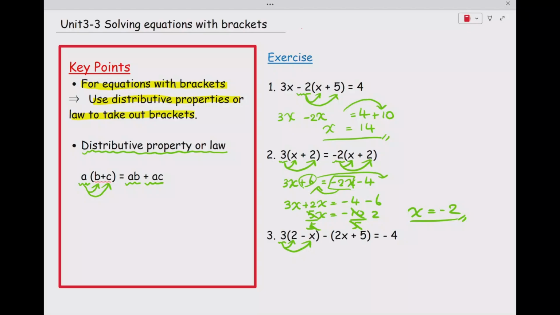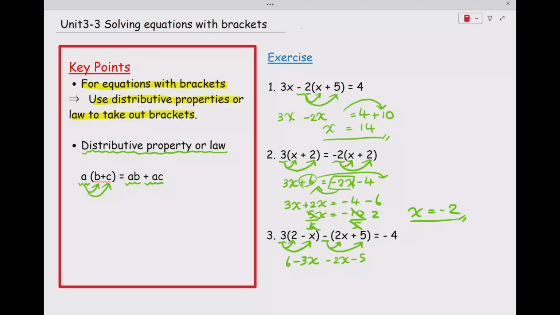Then, it becomes 6 minus 3x. Then, next, let's do the same thing on minus brackets, 2x plus 5. First, multiply the minus 1 onto 2x and plus 5, respectively. Then, you get minus 2x, minus 5.